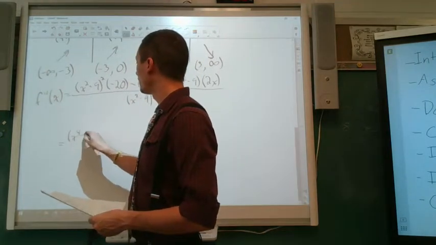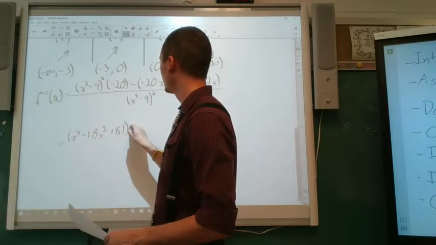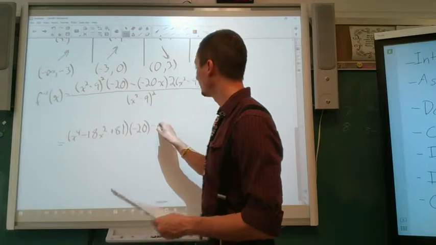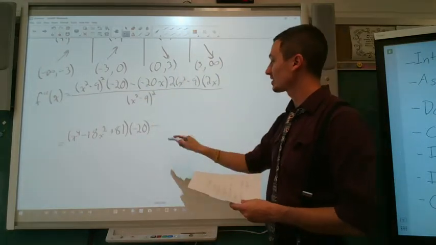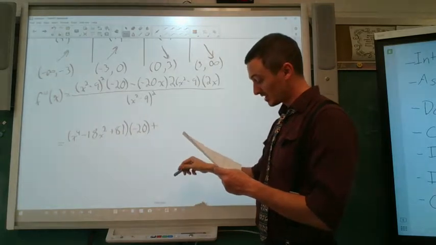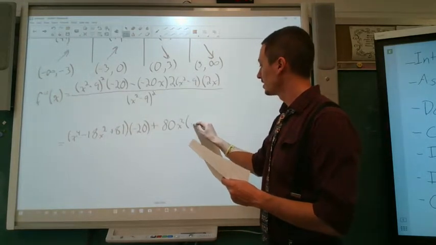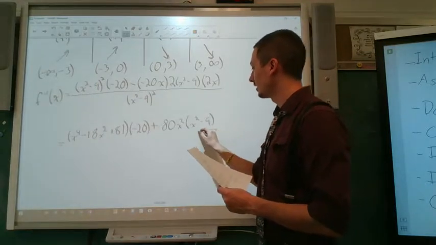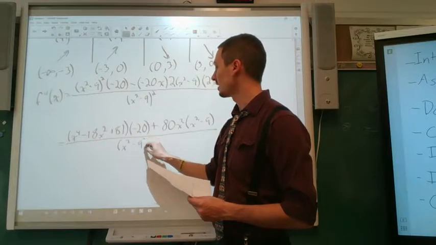X to the fourth minus 18x squared plus 81 times negative 20 minus, if we combine this negative 20x, the 2, and the 2x, this becomes plus 80x squared times x squared minus 9. The denominator stays the same, x squared minus 9 squared.